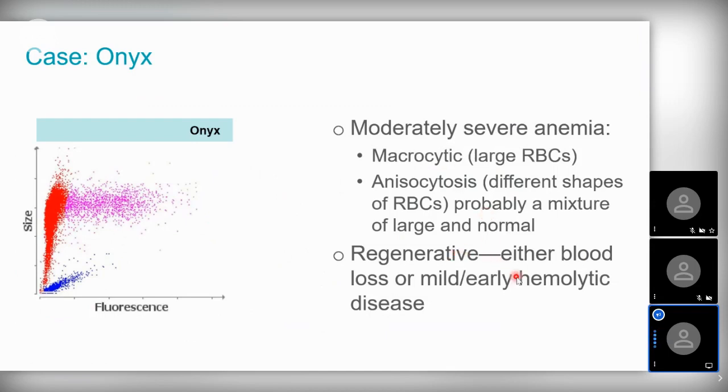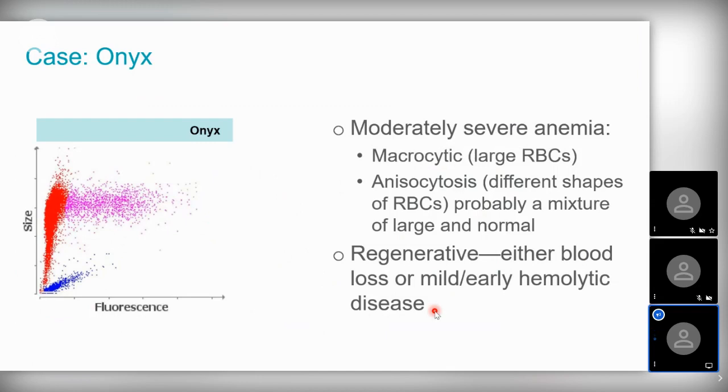And it is regenerative, either blood loss or mild or early hemolytic disease could be there. So to summarize, Onyx has a moderate to severe macrocytic regenerative anemia with the suggestion of anisocytosis based on the increased RDW. So this anisocytosis is probably caused by the large RBCs along with normal sized RBCs in circulation.